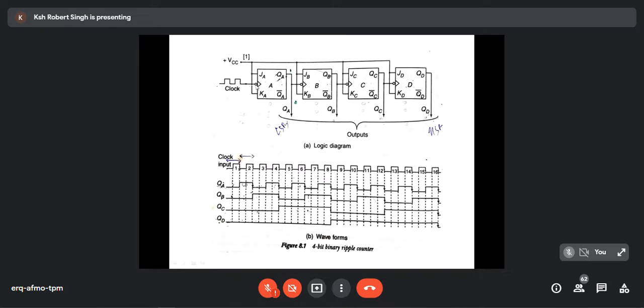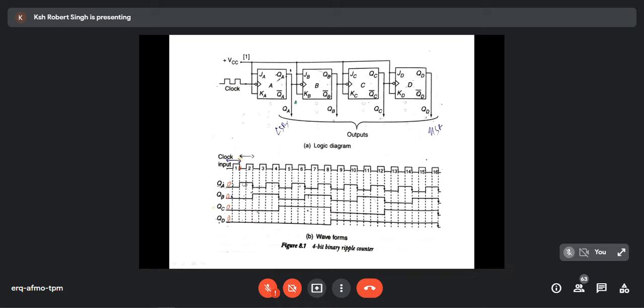Now, as I said, it is a negative edge trigger. You just see this is negative edge, negative edge, negative edge, negative edge. All are negative edge. So now, in order to examine, here is one negative edge. And let us assume that all are 0 in the beginning.